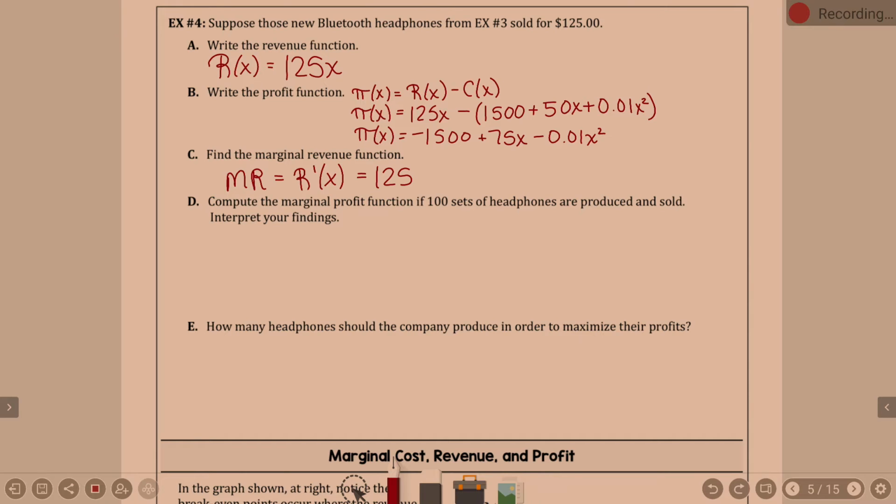D. Compute the marginal profit if 100 sets of headphones are produced and sold. Interpret your findings. Marginal profit.